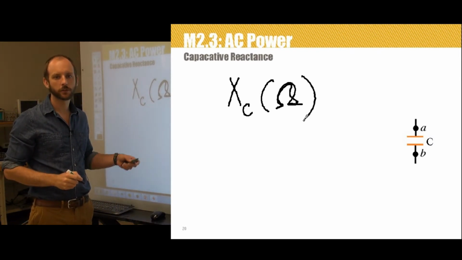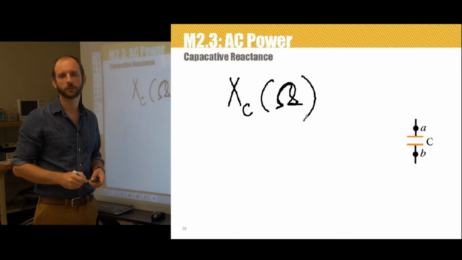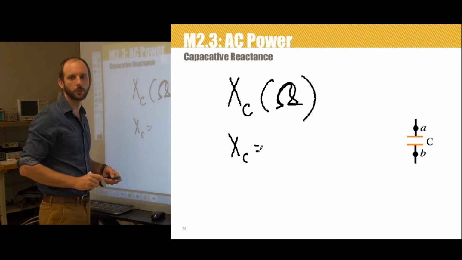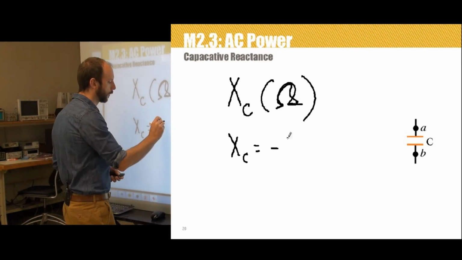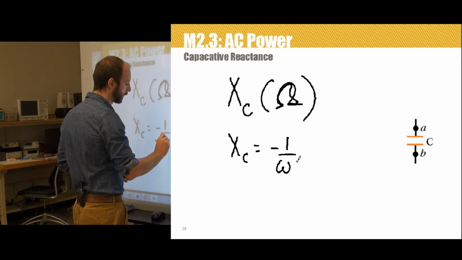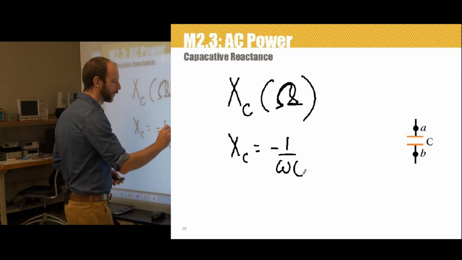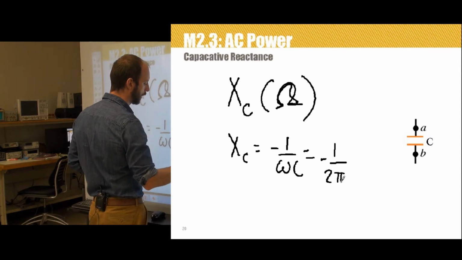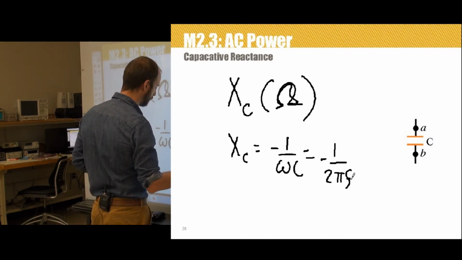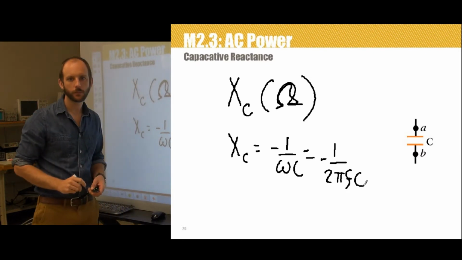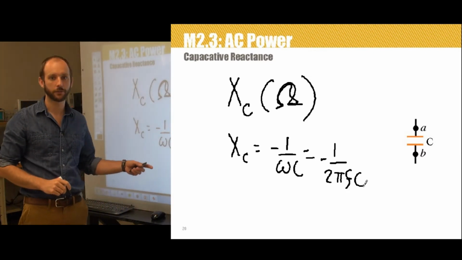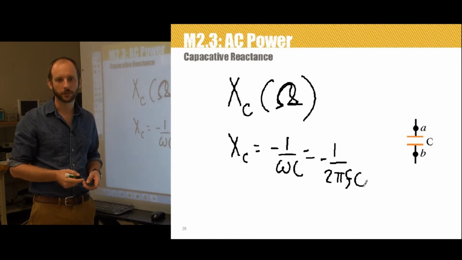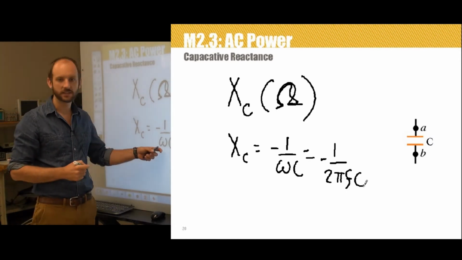It's the inverse of the product of the angular frequency and the capacitance. So X sub C is equal to negative 1 over omega C, which is equal to negative 1 over 2 pi f times C. So here we see that at high frequency, the voltage across the capacitor changes rapidly, easily passing current, and therefore there is less impeding effect.